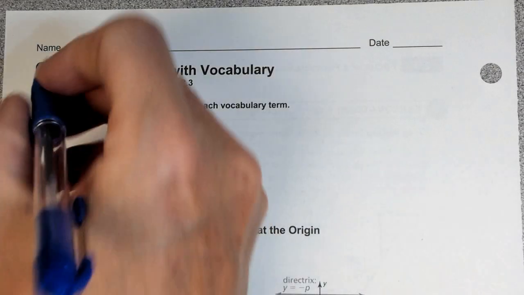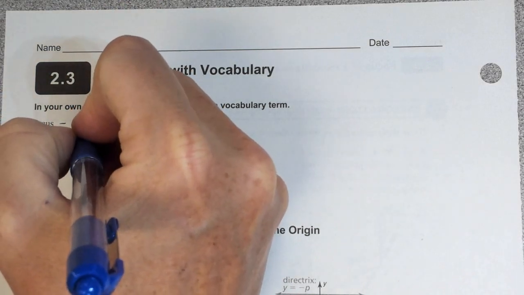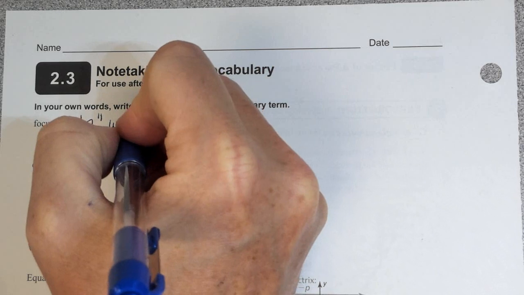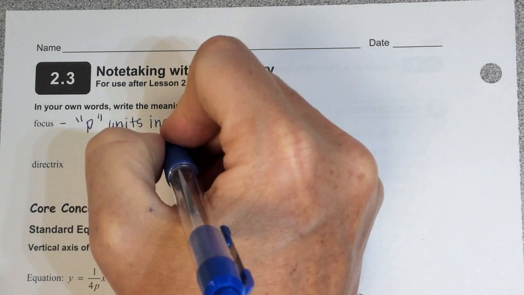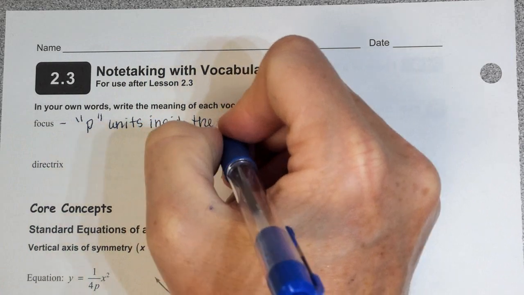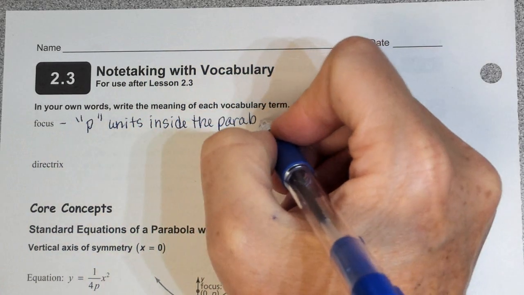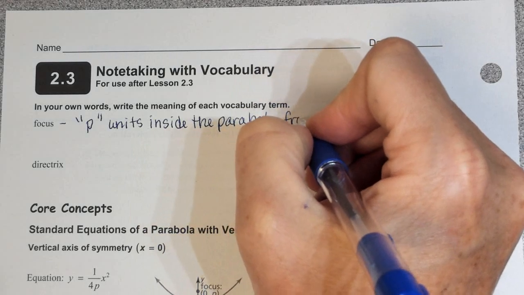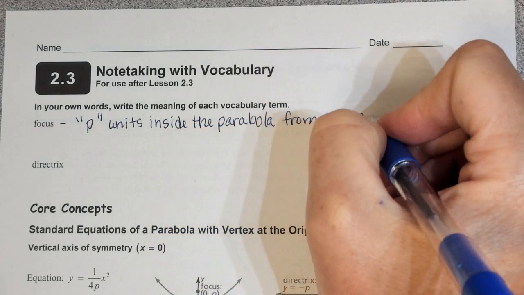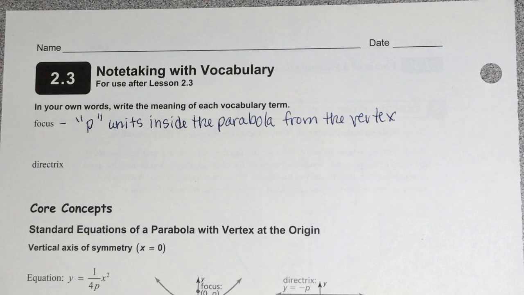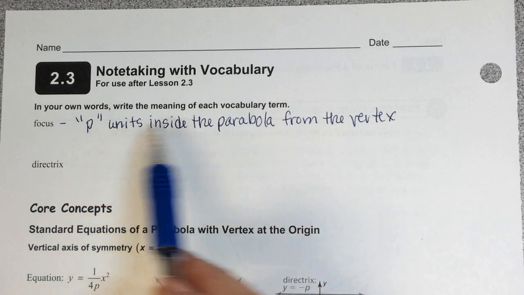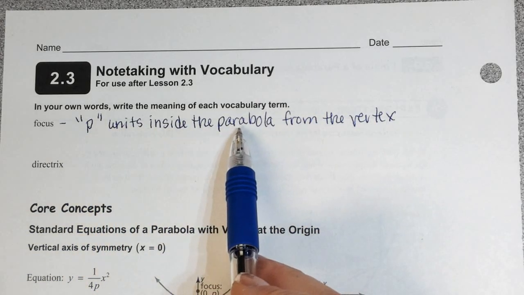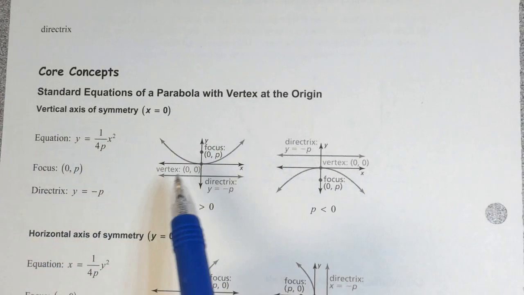So this focus is going to be P units inside the parabola from the vertex. Might be a little clearer to say P units from the vertex and it's inside the parabola. But I'm going to describe it so you can see what I'm talking about.